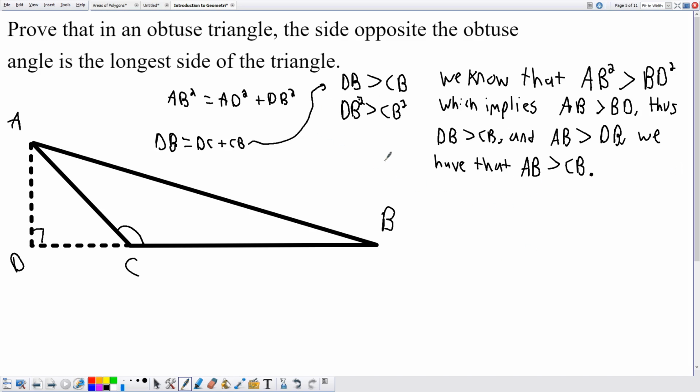The transitive property says that DB is greater than CB, AB is greater than DB, therefore we can conclude that AB is greater than CB.